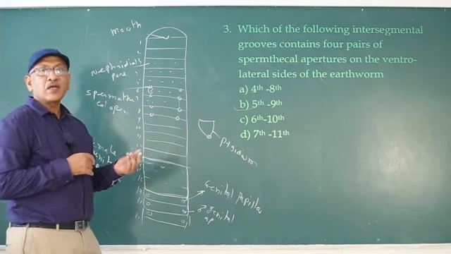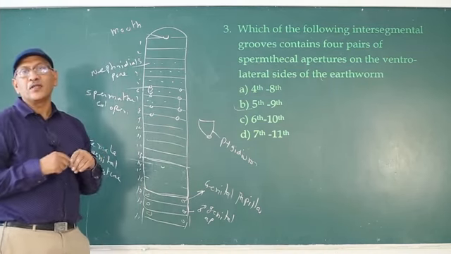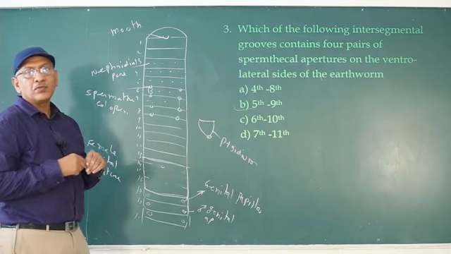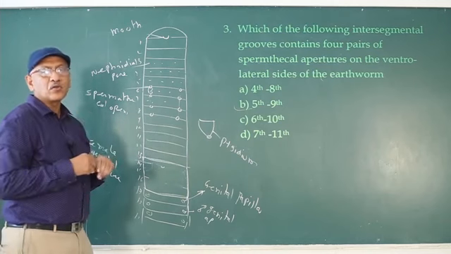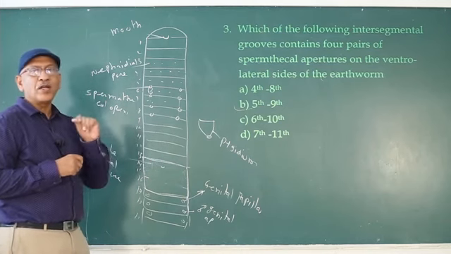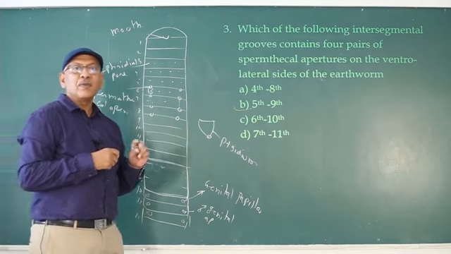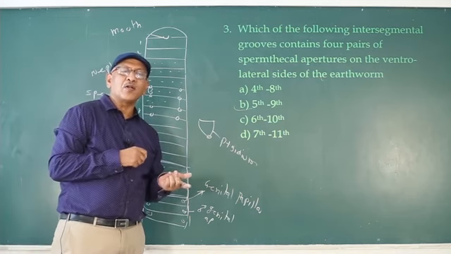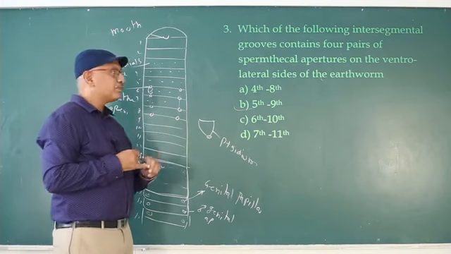If new segments are formed from the anterior part of the body, it is pseudo metamerism. Example, tapeworms. In tapeworms, new segments are formed from the scolex. The scolex is a body part present at the anterior end.